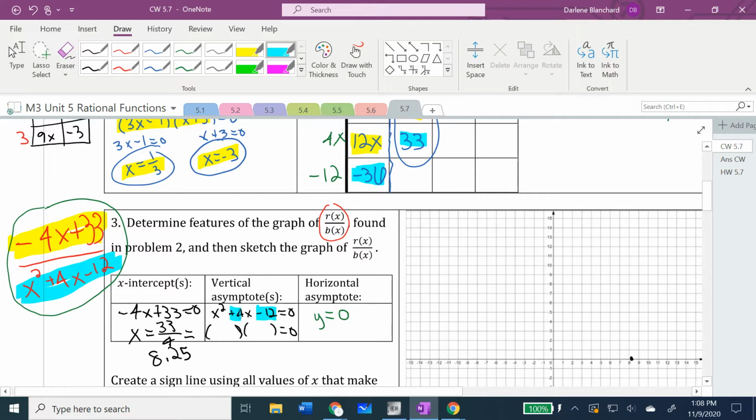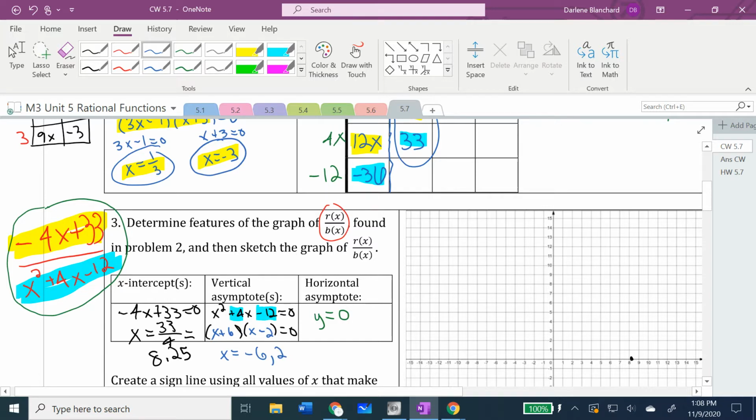And when you add them, you get positive 4. And, there we go. Thank you. So I have x plus 6 and x minus 2. And that tells me my vertical asymptotes are negative 6 and positive 2.